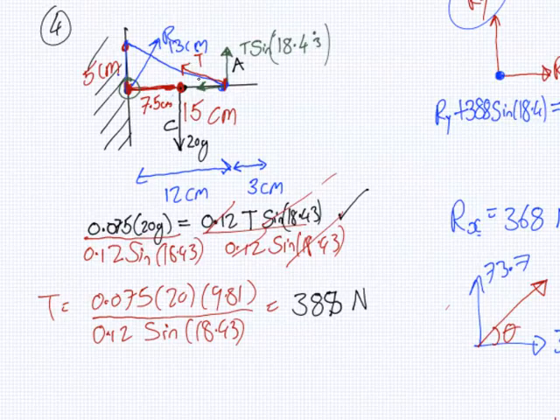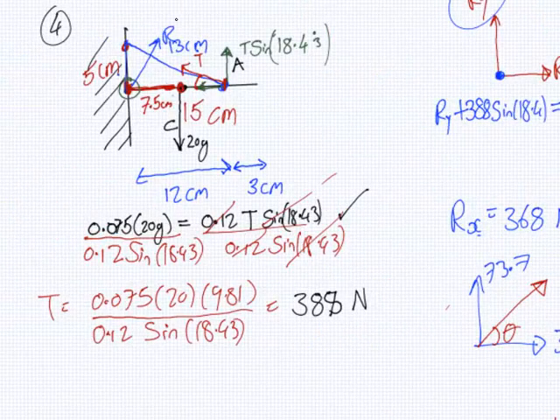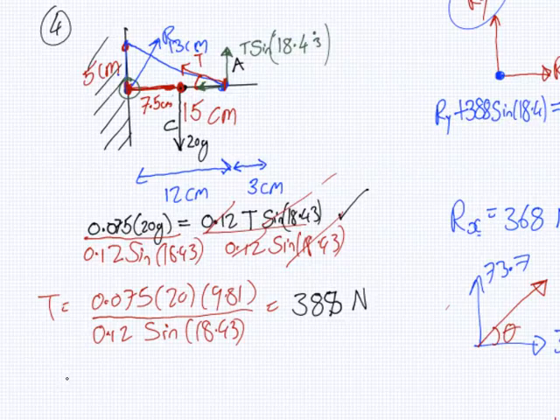Here's alpha. Yeah, so it is 18.43. Why? I think it's 22.6. What is? Tan inverse.